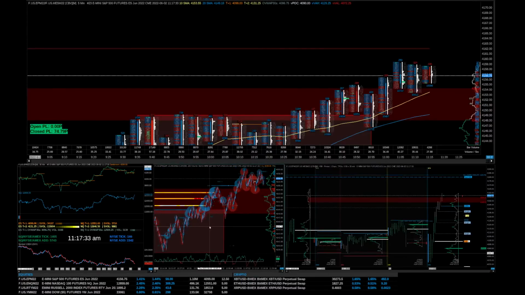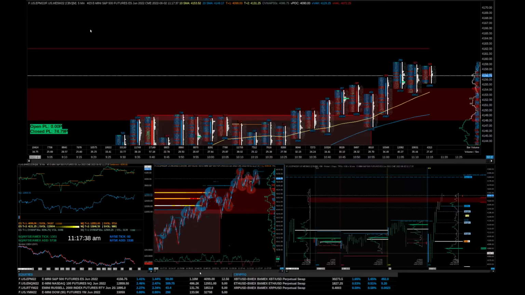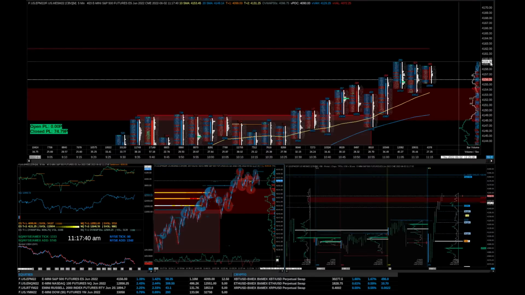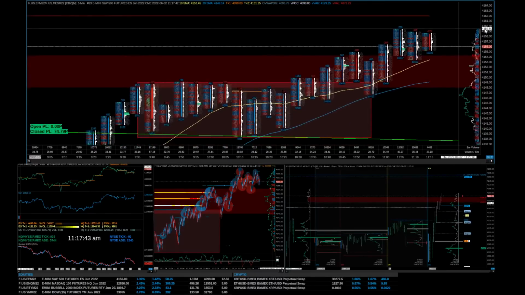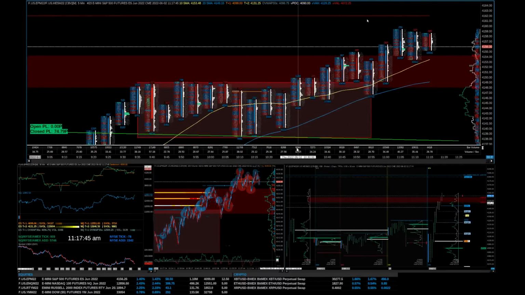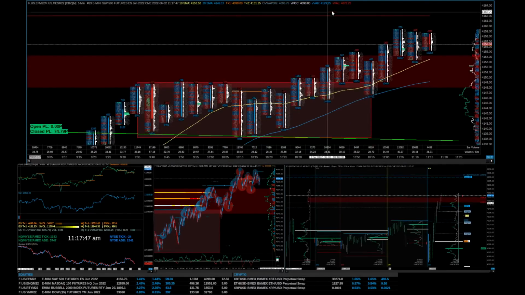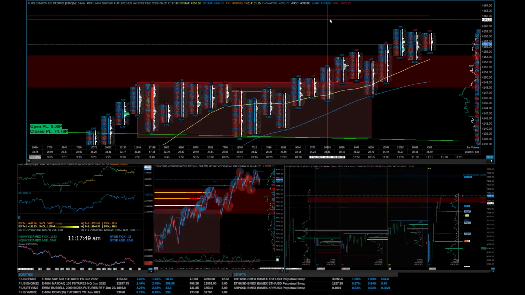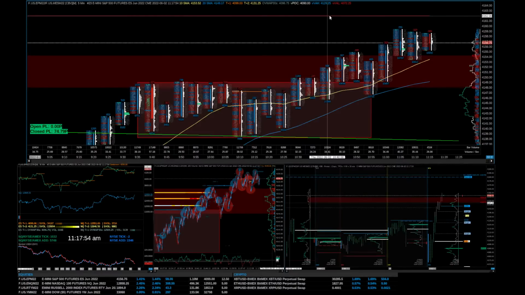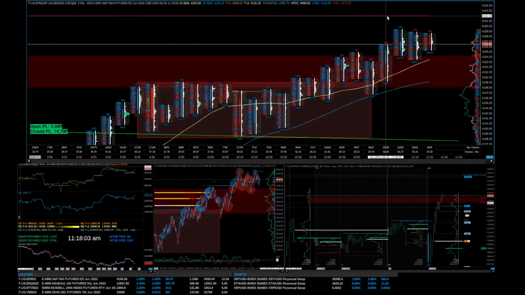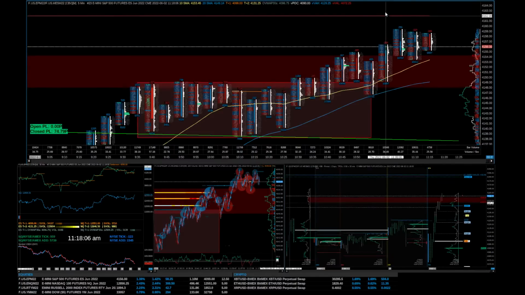Here, let me change this real quick. All right, so my question is, did we double balance already? Yes, we did. We doubled it here. This extending red is some bid volume from, I don't know, in the past, that has never been touched, by the way. So what does that represent?